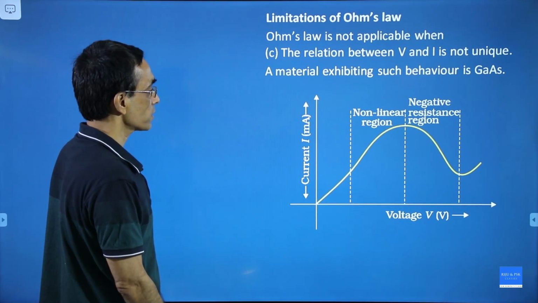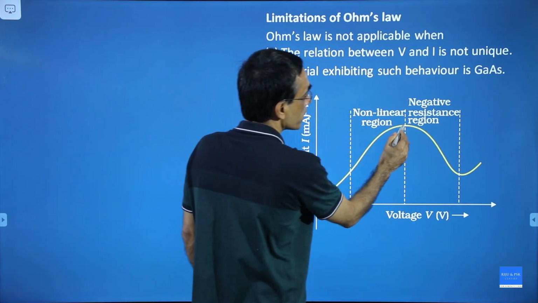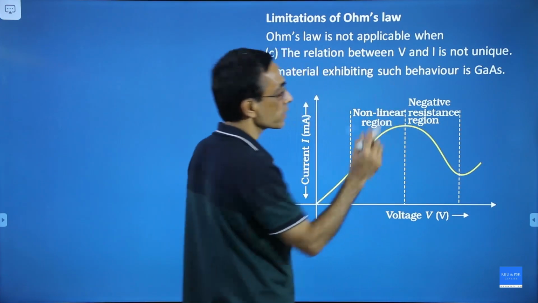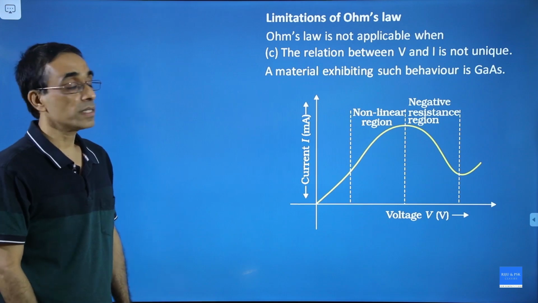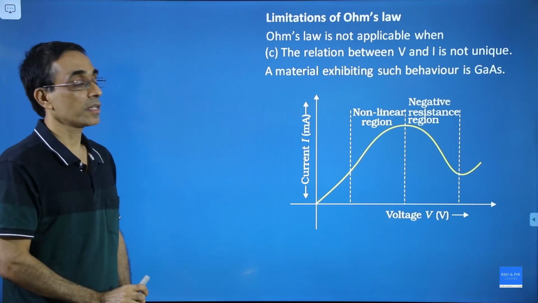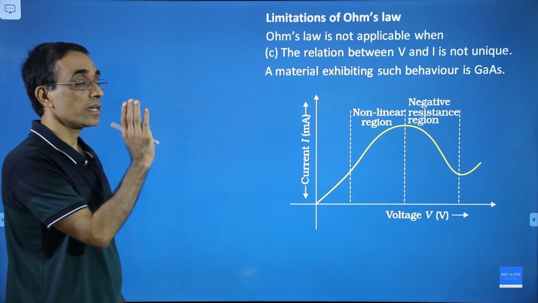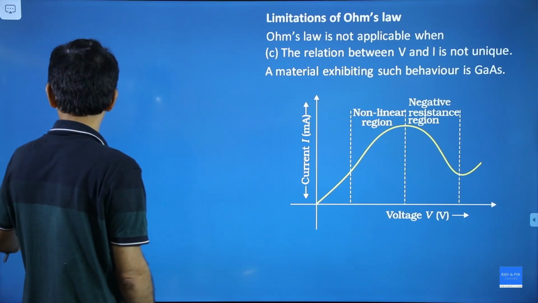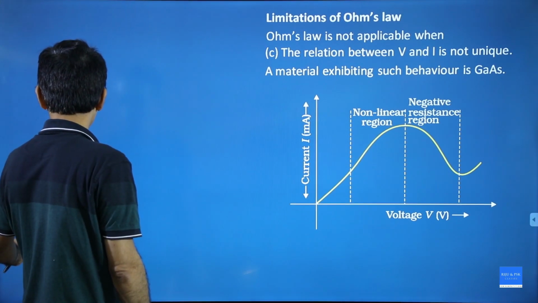In such cases, you say this has got a negative resistance region. This has come in many entrance examinations. Which region has negative resistance? Okay, so this should be clear.